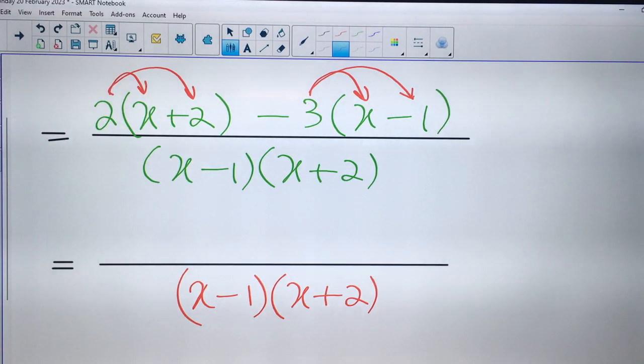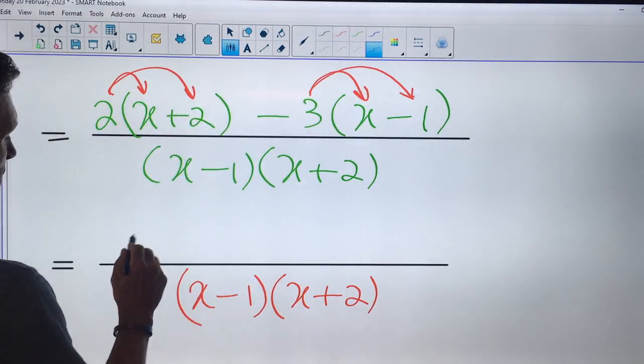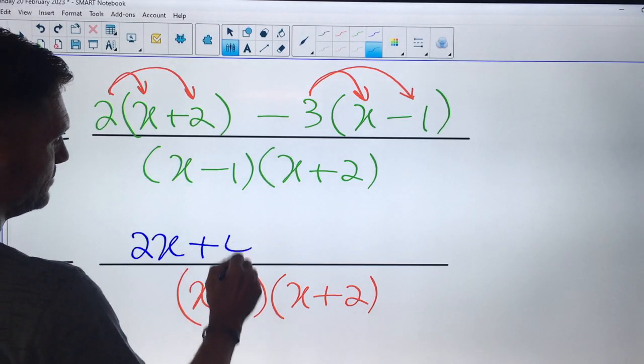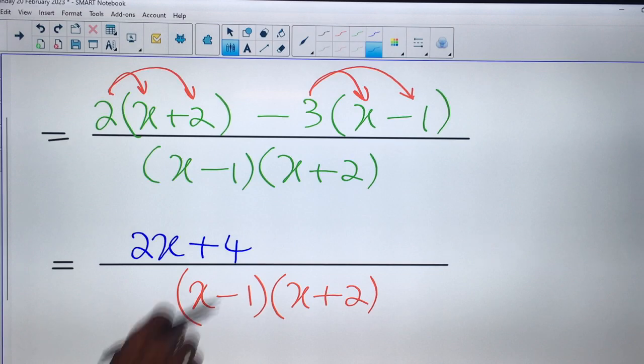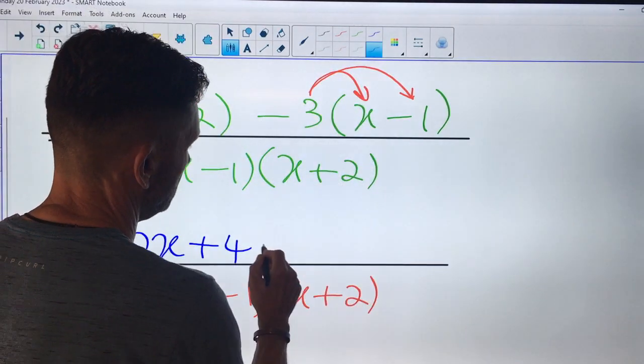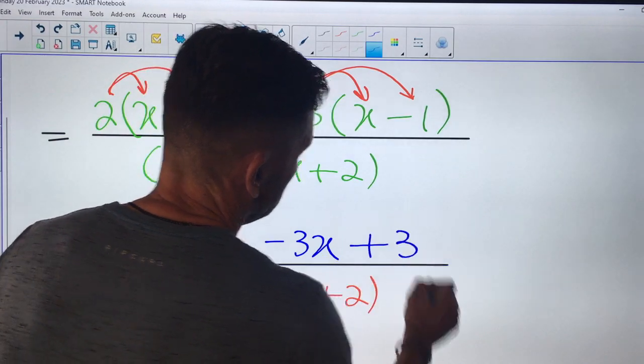I did not change that. I'm not multiplying that out because it's already factorized. So multiplying on top here, 2x times 2 times x is 2x, 2 times 2 is 4. Then over to the next one, minus 3 times x is minus 3x, and minus 3 times minus 1 is plus 3.